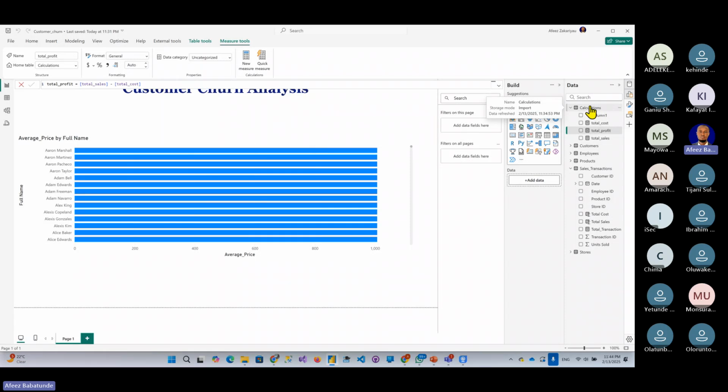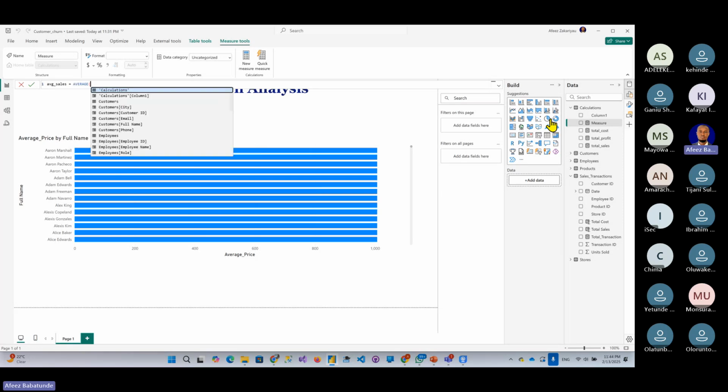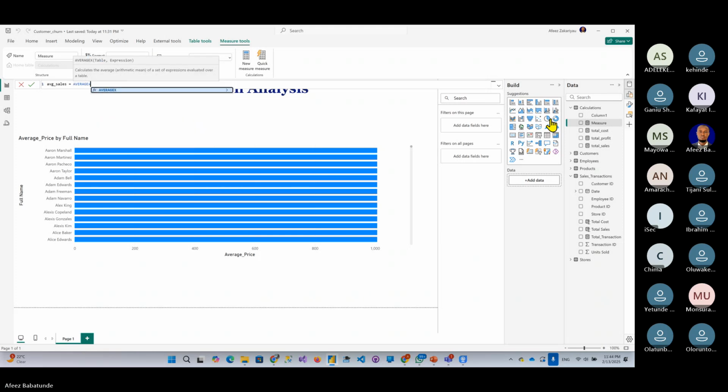So you can get average sales. Average sales equals to average of total sales.